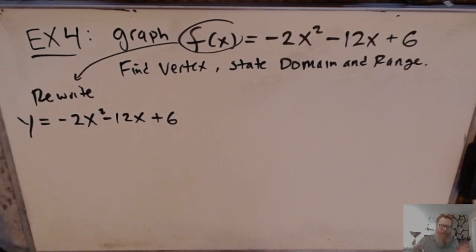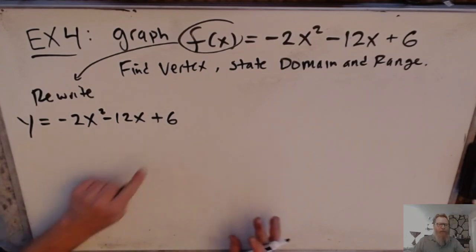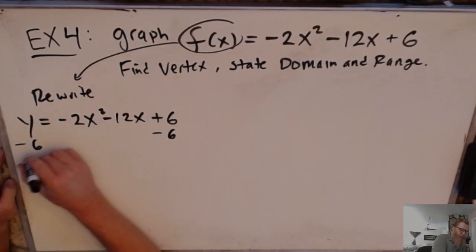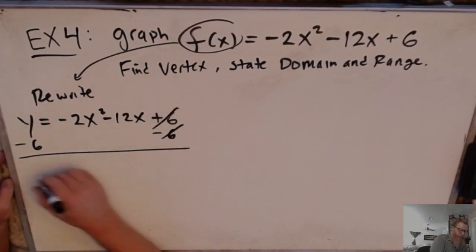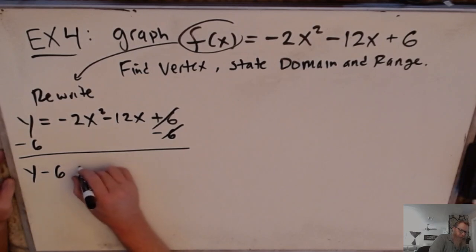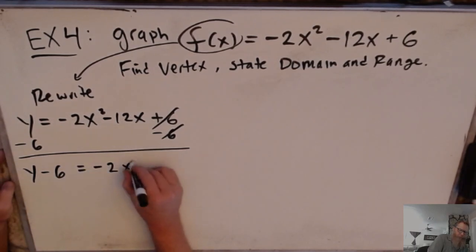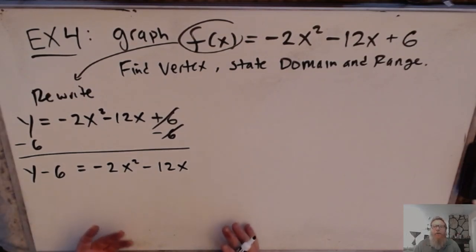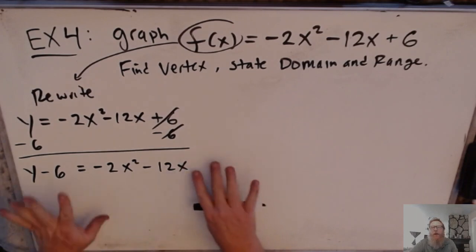All right, here we go. Same steps as last time. Ready? Move the constant term over. Now here's where the techniques diverge. In the last example, I just started completing the square now, right?